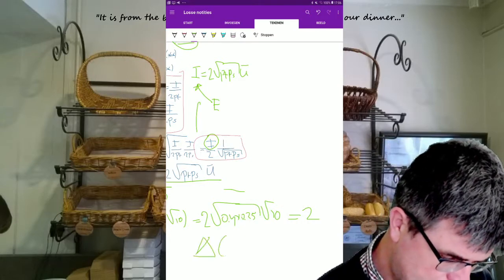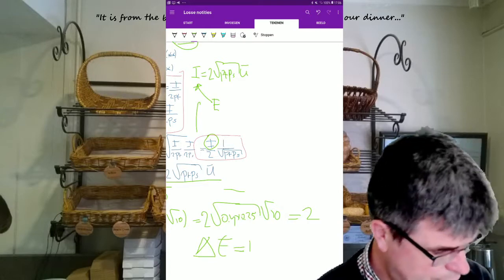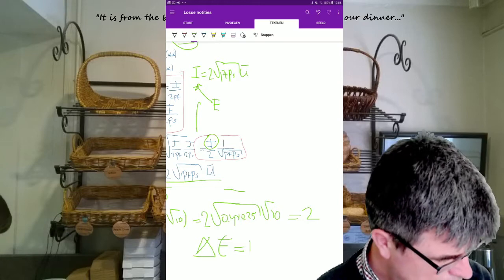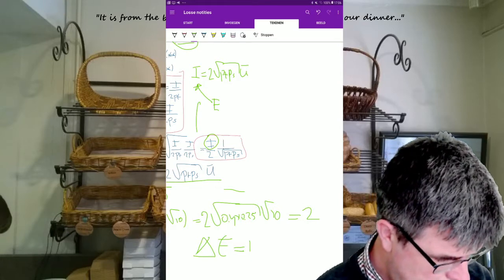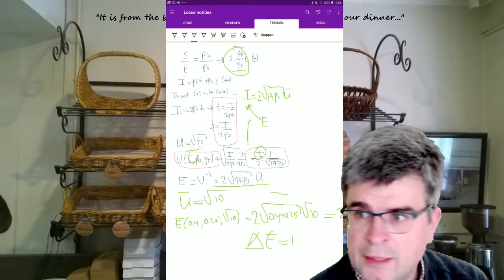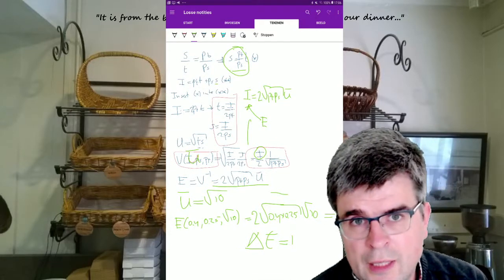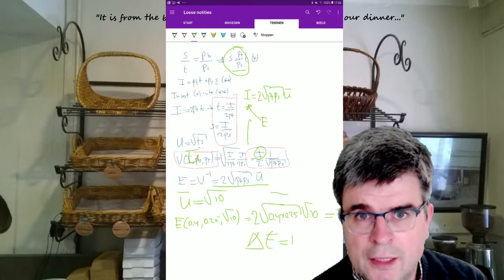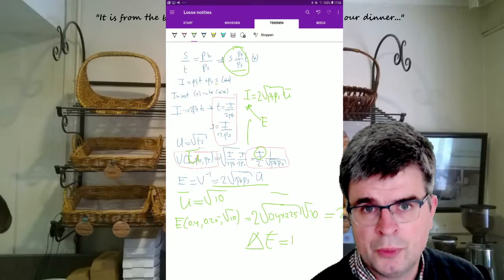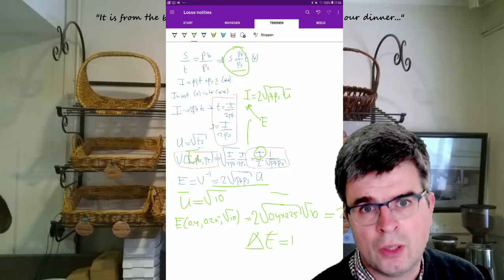So our change in expenditures is identical to 1. That gives us the solution to this exercise, but using the expenditure function. And I hope that this shows you how all things are related.